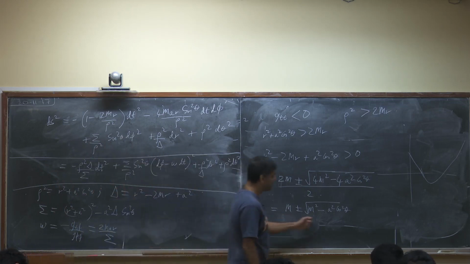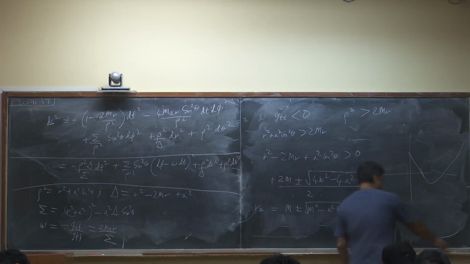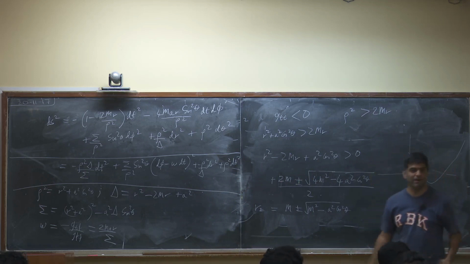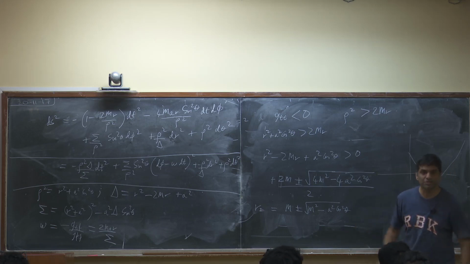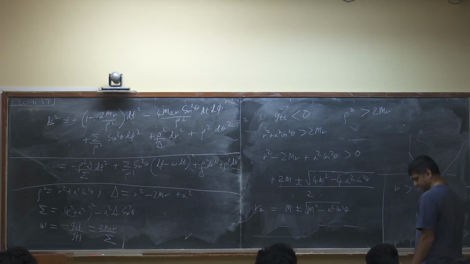Then for every value of theta, these two roots exist. And one of the things that we see is, if we start going from infinity to smaller and smaller r, we insist on using our rocket ship to stay at constant r, constant theta, constant phi. We can do this provided r is greater than r_SL.